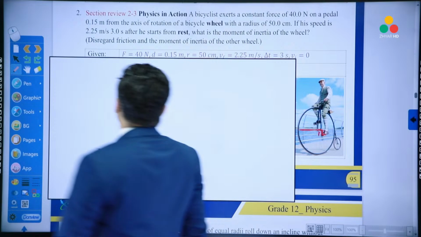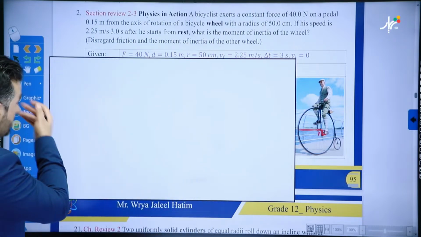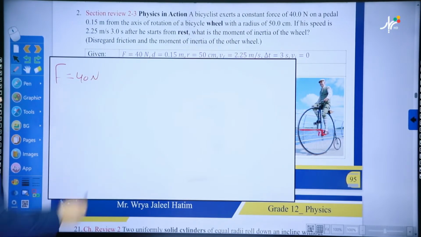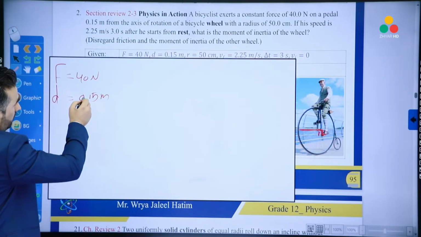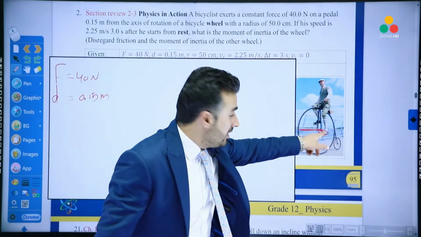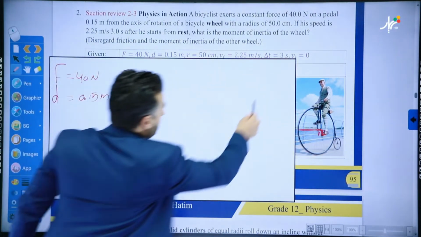Okay. So the information you need to write down is this. We are using constant force, so the force we're going to use is 14 Newton. On a pedal, the distance of the pedal, or you can call it the radius, is 0.15 meter from the axis of rotation, that is this distance right here. And then perhaps I can redraw this.